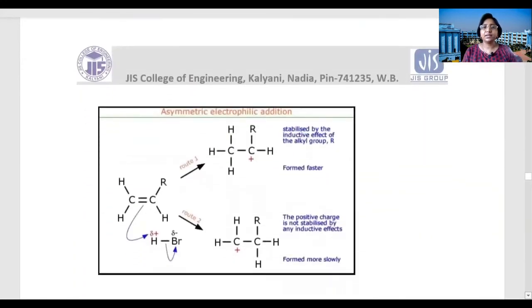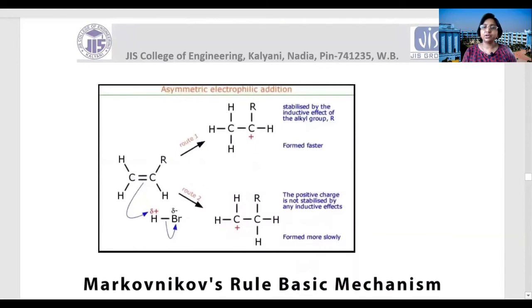Basically, the question solved by the Markovnikov or anti-Markovnikov rule is when you are given an asymmetric alkene. This is asymmetric because this carbon contains one hydrogen and here is another hydrogen, but the second carbon contains an alkyl group and another hydrogen.